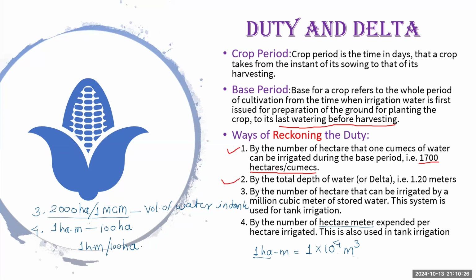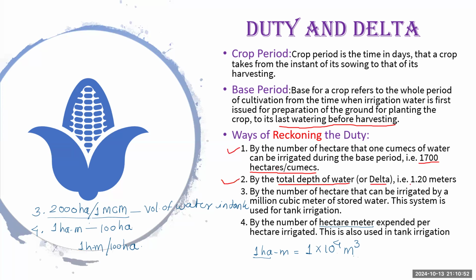The second way is duty can be mentioned in terms of delta, the total depth of water. In the previous example, we discussed how to calculate the total depth of water. Delta is equal to the depth of water applied in each watering, that is dW, into the number of such waterings.